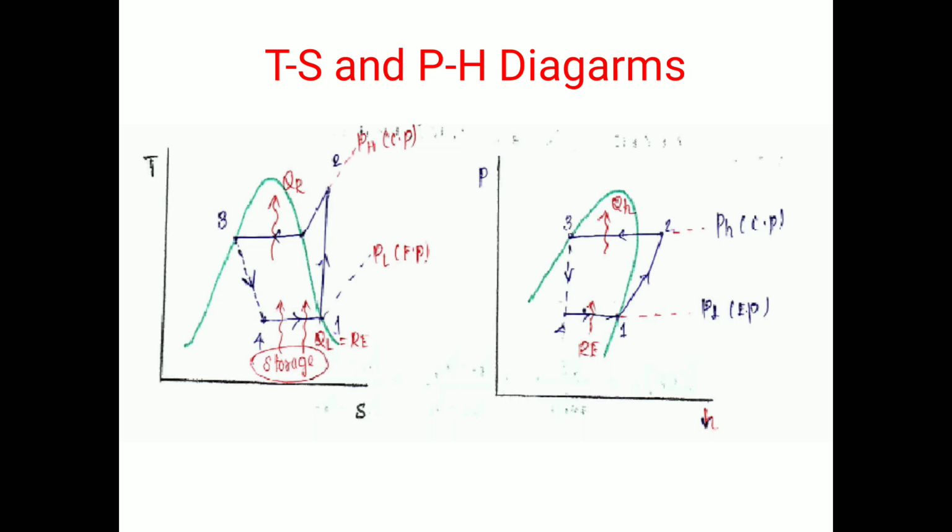If you see the TS diagram, the outlet condition of the compressor is the inlet to the condenser. So point 2 is at high pressure, high temperature and superheated vapor in this case. It need not be superheated vapor in all cases, but in our case it is superheated vapor.